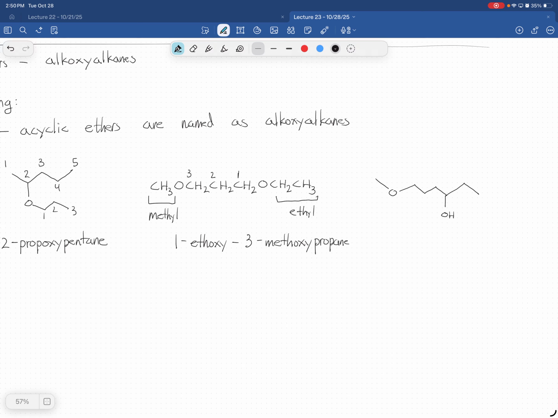How did we name alcohols? What did the ending change to? All right. So let's still number it, where the lowest number is given to the carbon with the OH group. Like that, okay?